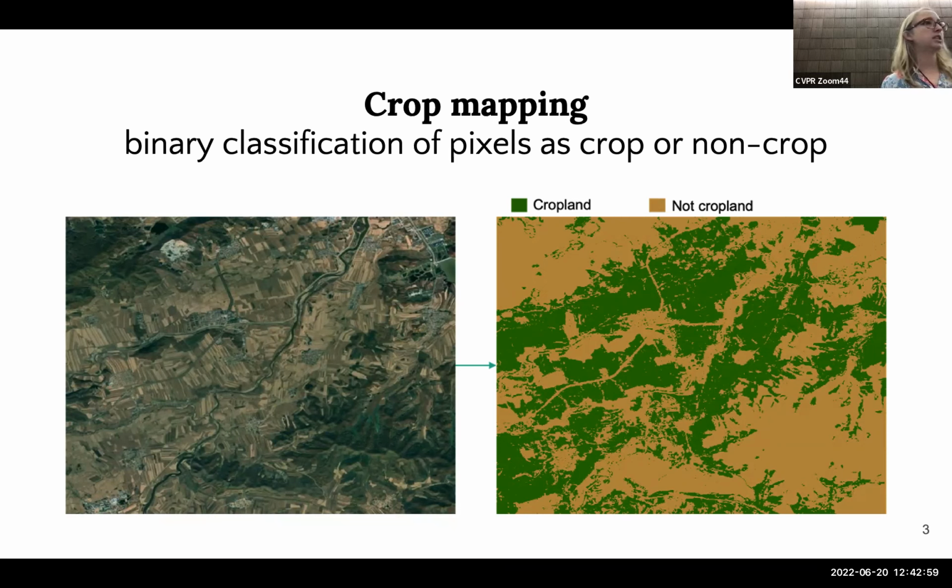Sometimes you might also see this as land cover classification, which would be classifying multiple classes like water, buildings, agricultural fields, forests, etc. But usually when we're talking about crop mapping, we're talking about this binary setting. So we input some satellite data and out we get a classified map where we're distinguishing between pixels that contain cropland or do not. This is an example from China.